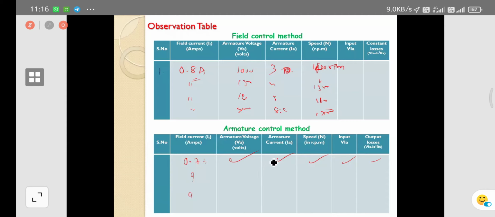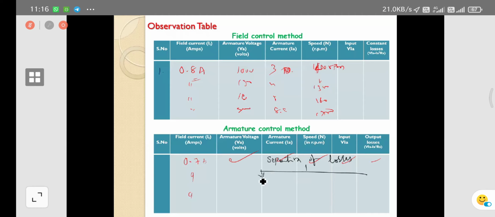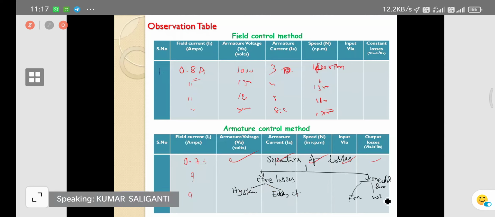There are core losses and mechanical losses. In that, hysteresis losses and eddy current losses, and friction losses and windage losses.